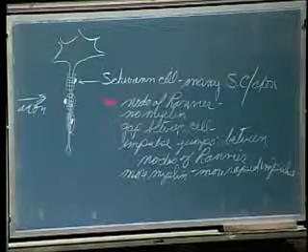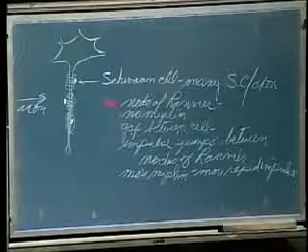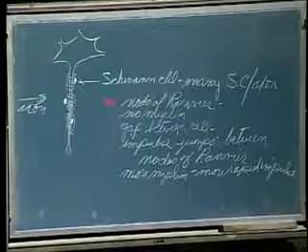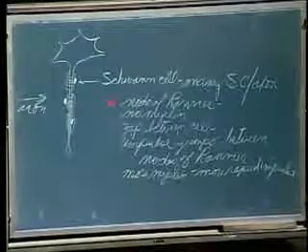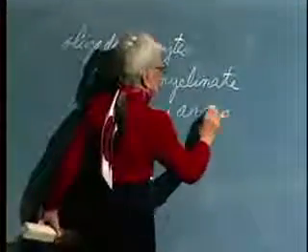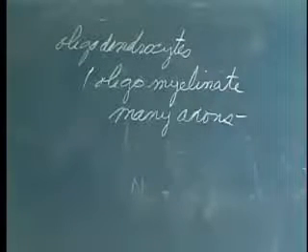And one oligo, as we call them, working in the field, can myelinate many axons. So when we get these demyelinating diseases, you want to be aware that there are two kinds of cells, two kinds of processes by which they myelinate.